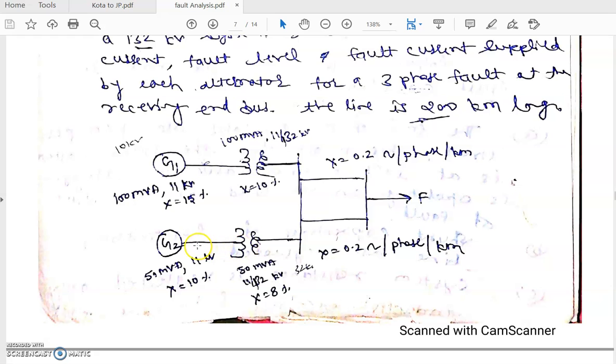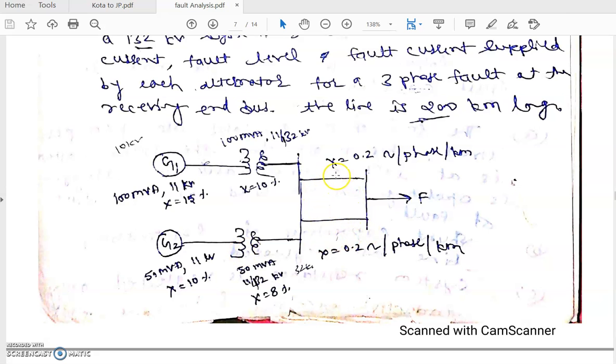The impedance of G2 and the impedance of transformer T2 are in series. There is a series combination, and the equivalent of this series combination and the equivalent of the G2 series combination come in parallel. Similarly, these two are in parallel.